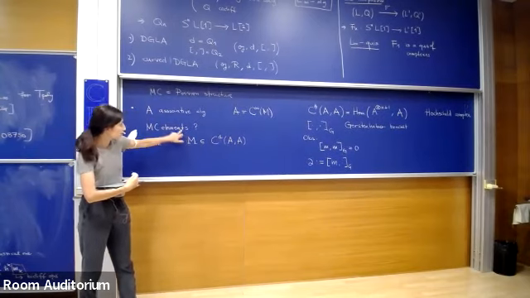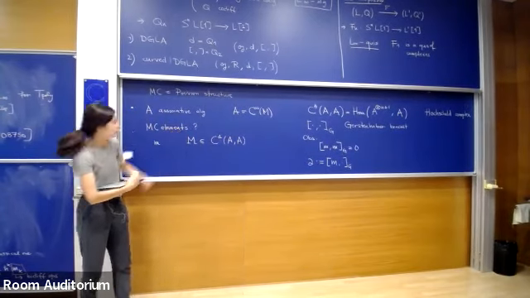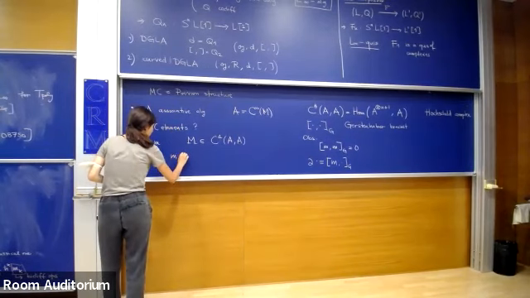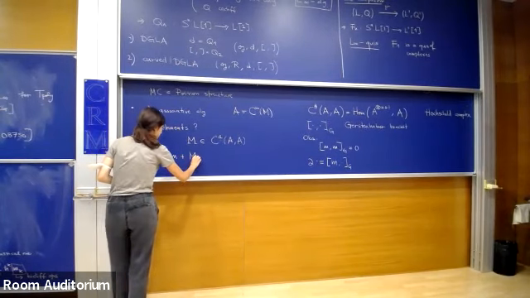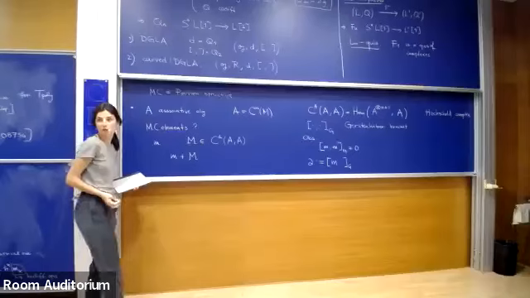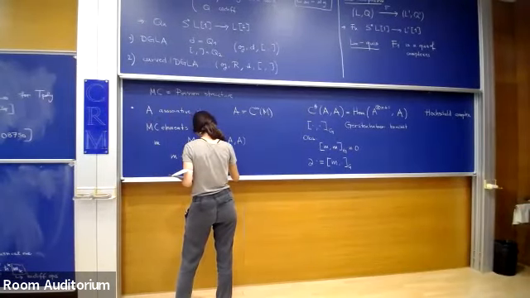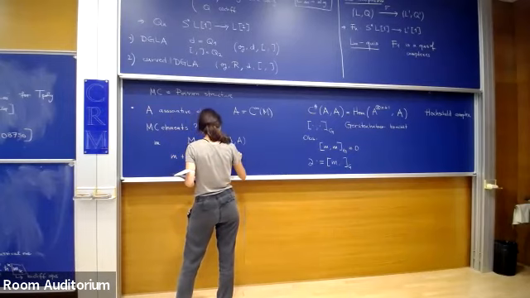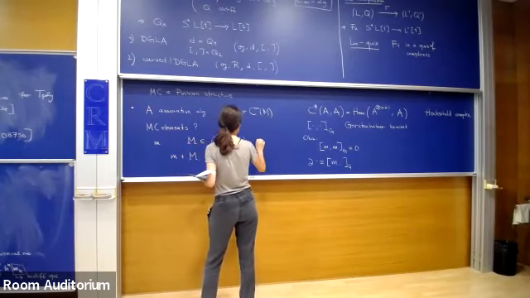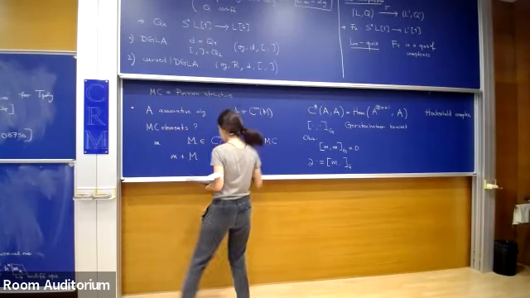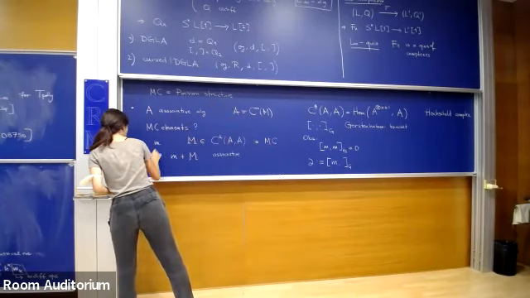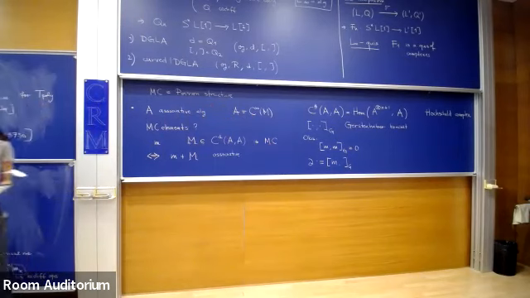So this object is a Maurer-Cartan element if and only if I take my product and I add this part, and this is associative. So this is Maurer-Cartan if and only if this is an associative product.